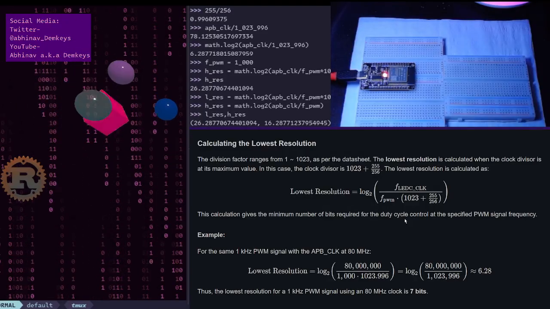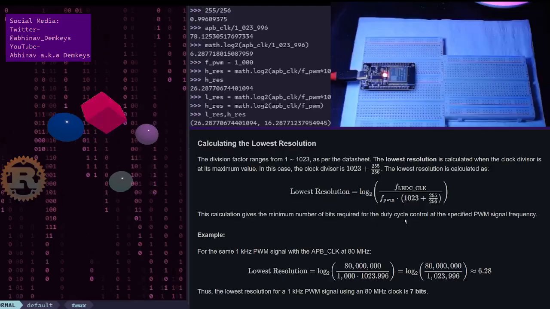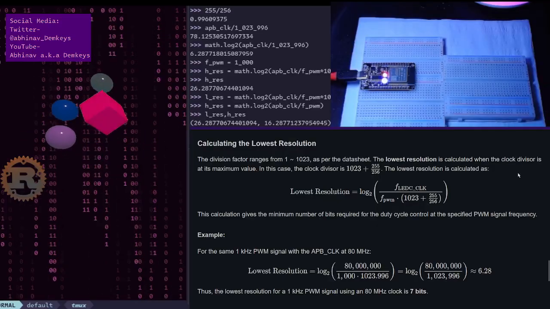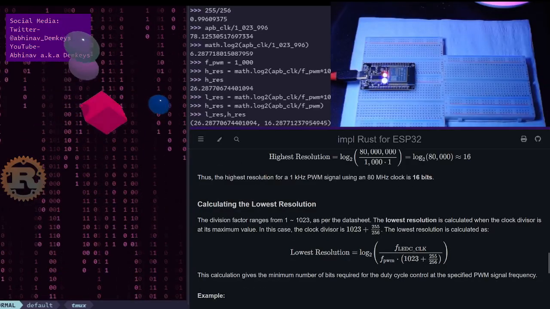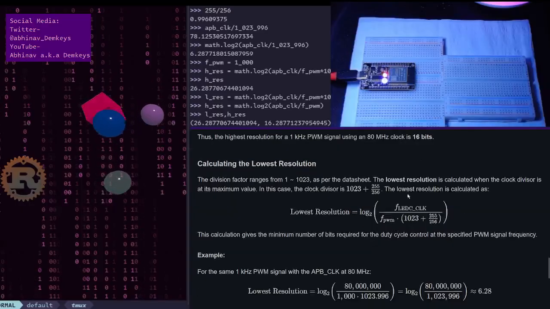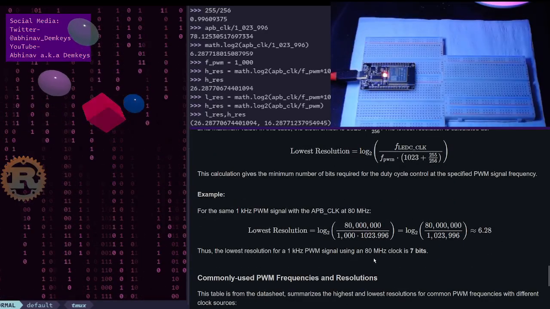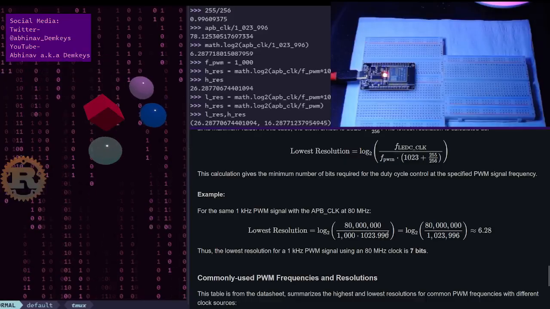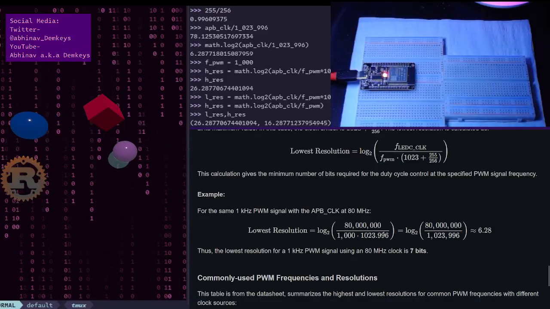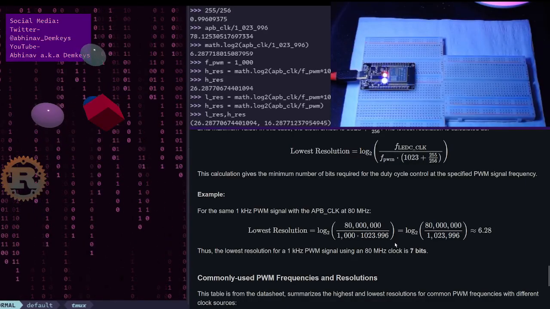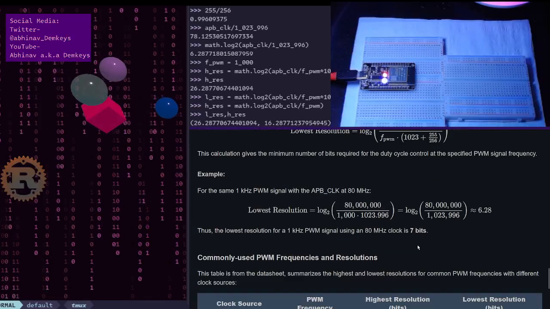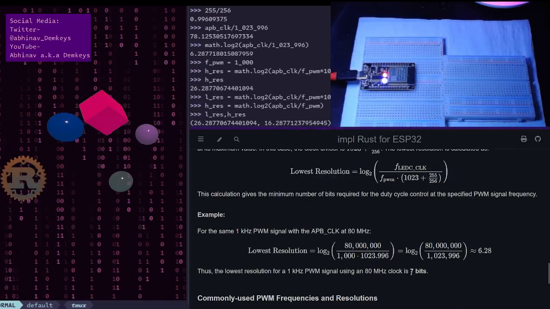There's log 2 and this and this. I feel like I missed something because I just noticed that here it says 16 bits, which is fine for the highest resolution. For the lowest resolution, I'm getting a different value here. I'm feeling like I messed up somewhere because it's supposed to say 7 bits here.